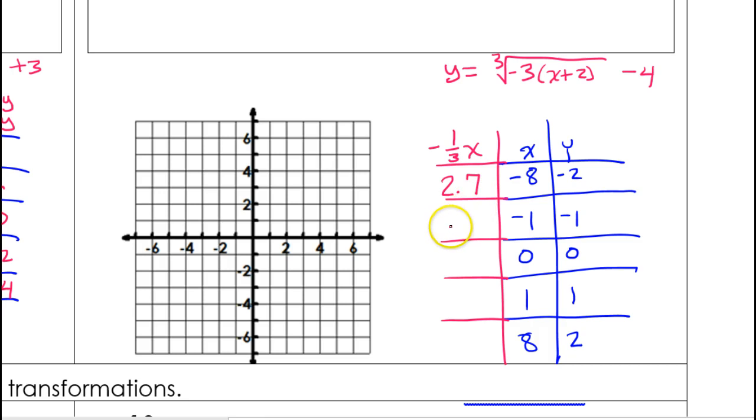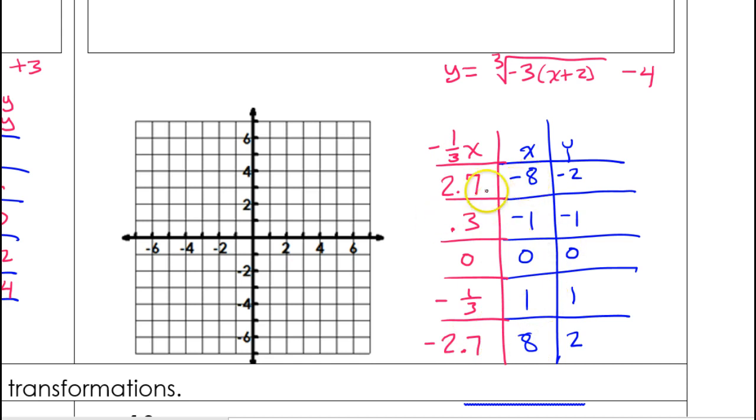So that's going to be approximately 0.3. 0 divided by anything is still 0. Now, if I do 1/3 times 1, that's still going to be 1/3. But this time I'll have a -1/3. And dividing 8 by 3, again, we saw that that was 2.7, but this time it'll be -2.7, because negative times a positive is a negative.